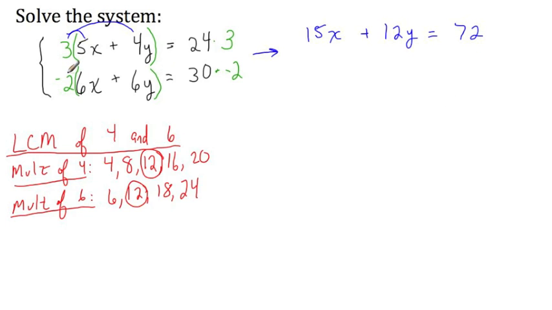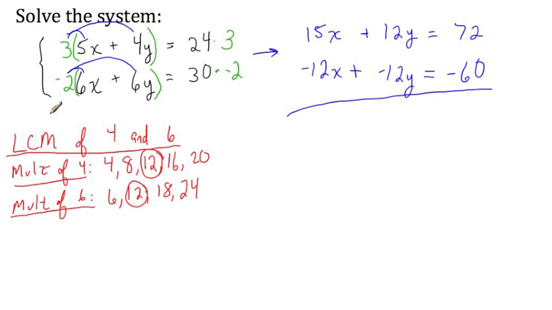In the second equation, we distribute. Negative 2 times 6x is negative 12x. Negative 2 times 6y is negative 12y. Notice that our y's are indeed opposites of each other. That's exactly what we wanted. And 30 times negative 2 is negative 60.